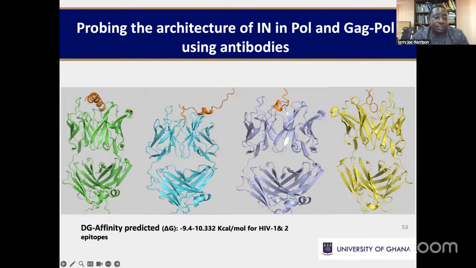For the initial stuff that we've done, we successfully generated various antibody fragments with different CDRs and different epitopes.